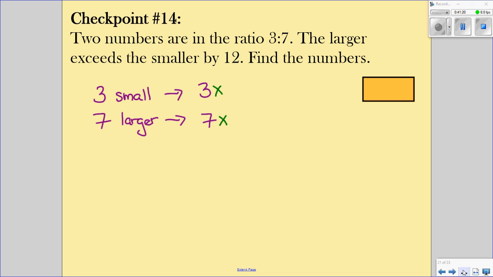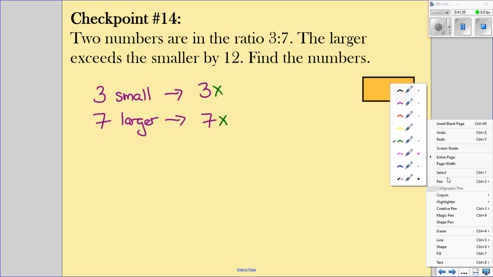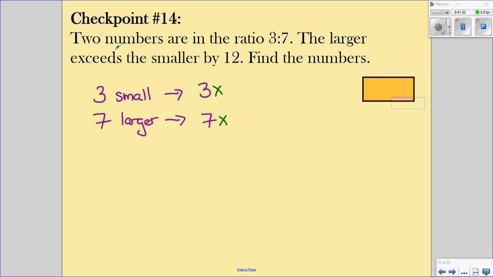I just did that to get into the habit that we have to turn it into something x. So now they say the larger exceeds the smaller by 12. Find the numbers. So they're in ratio. We got 3x for the smaller, and the larger exceeds. Exceeds means plus the smaller by 12.